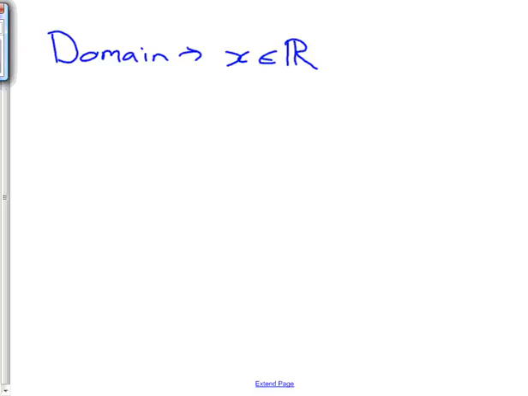Right. What about our range? This is concave down. So y is greater than or equal to negative 8.